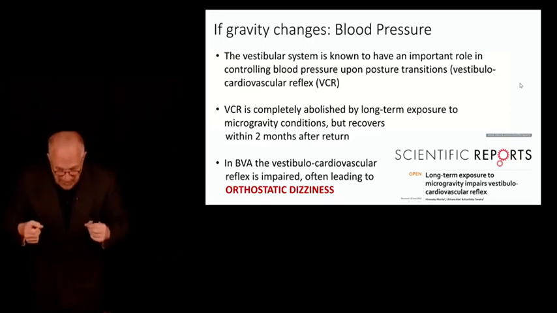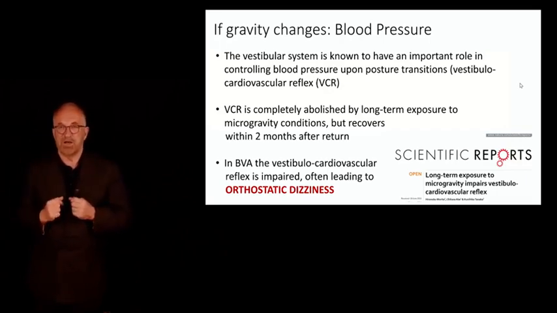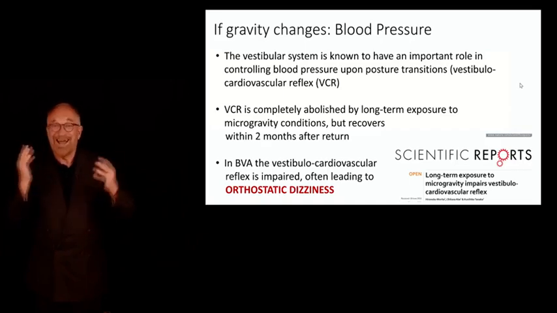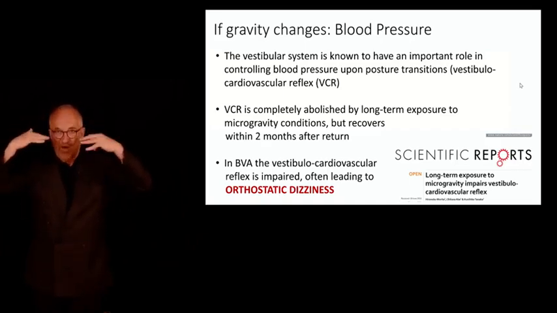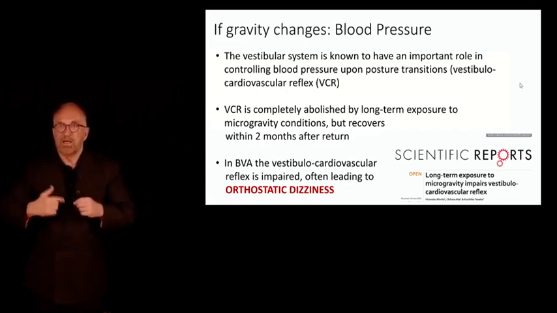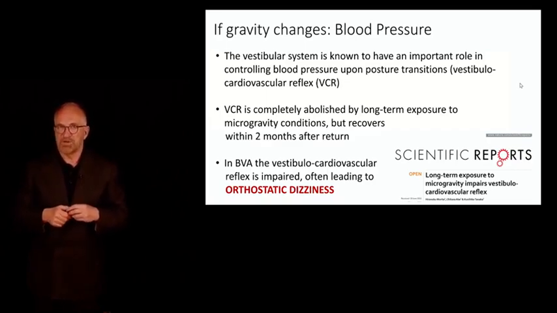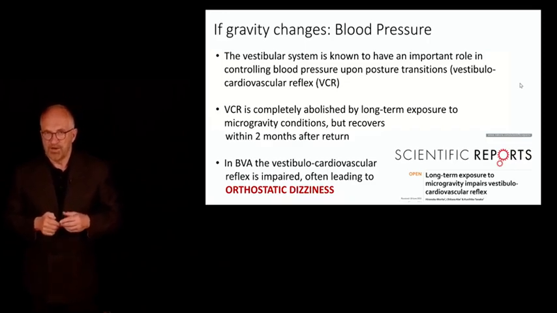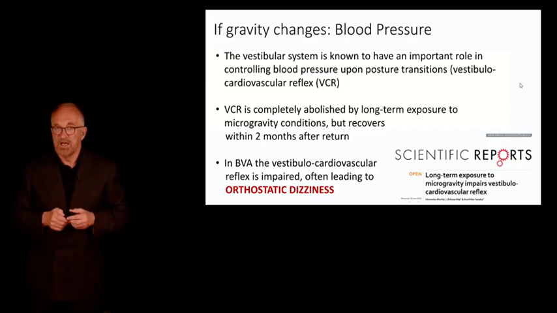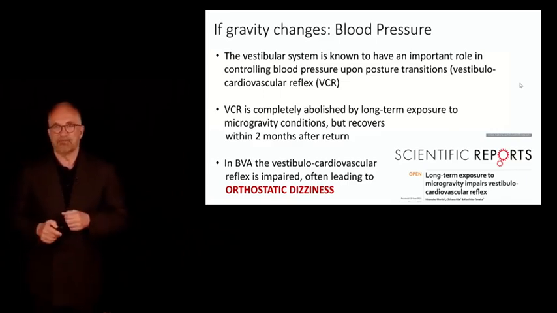The labyrinths provide already anticipation on that by directly detecting that, start to change the blood flow in the brain to increase that, and then the blood pressure receptors take over. So the fast part of the blood regulation in the brain is vestibular. And that means also that in bilateral vestibular loss, the cardiovascular reflex is impaired and often can lead to orthostatic dizziness, in contrast to what people were advocating in the past.